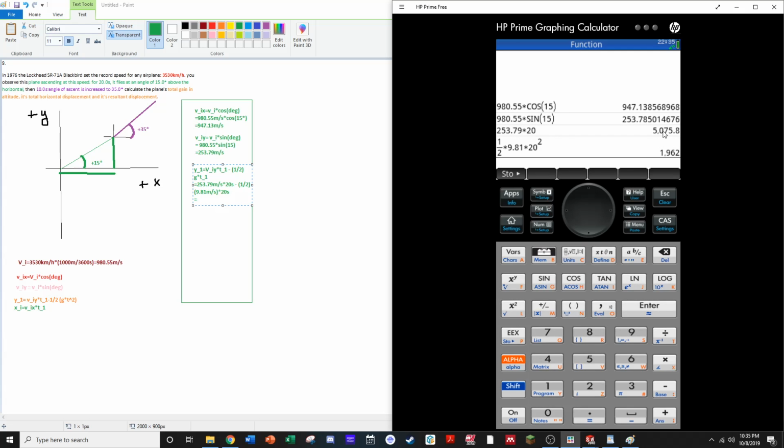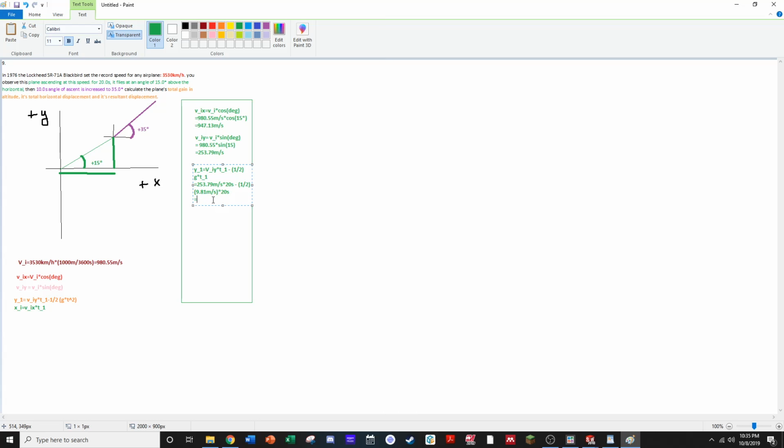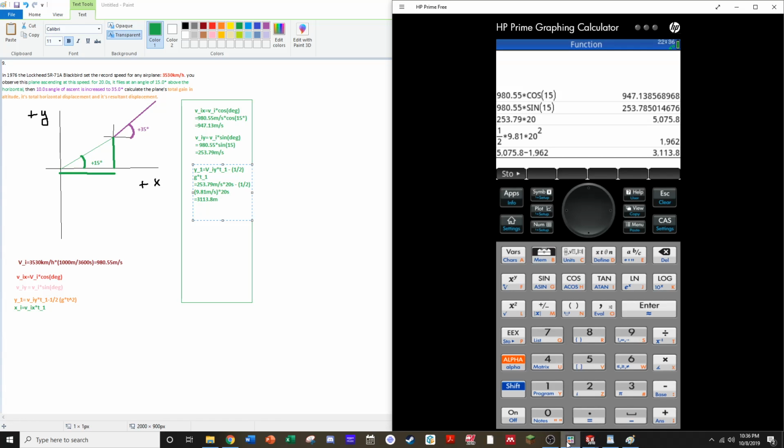So I'm going to do the first value we got minus the second value that we got, and that equals 3,113.8 meters. That's how far it's flown in 20 seconds. In the y direction, that's how far up it's flown.